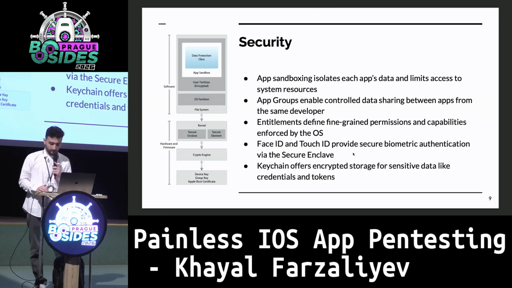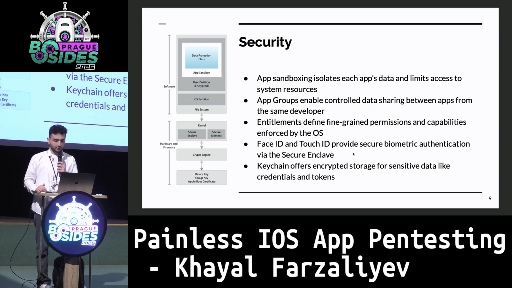Okay, a little bit about the iOS security model. What is the iOS security model actually protecting? If we take a look at the diagram on the left side, at the bottom you see the hardware level: the device key, the Apple root certificate, the crypto engine, and something called the secure enclave.